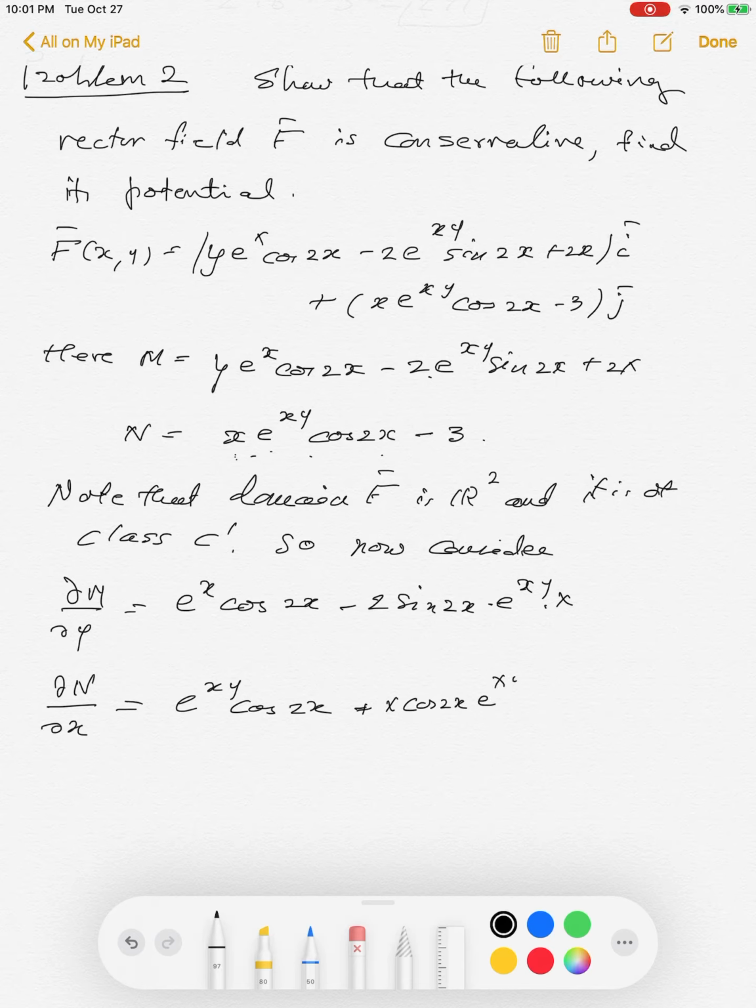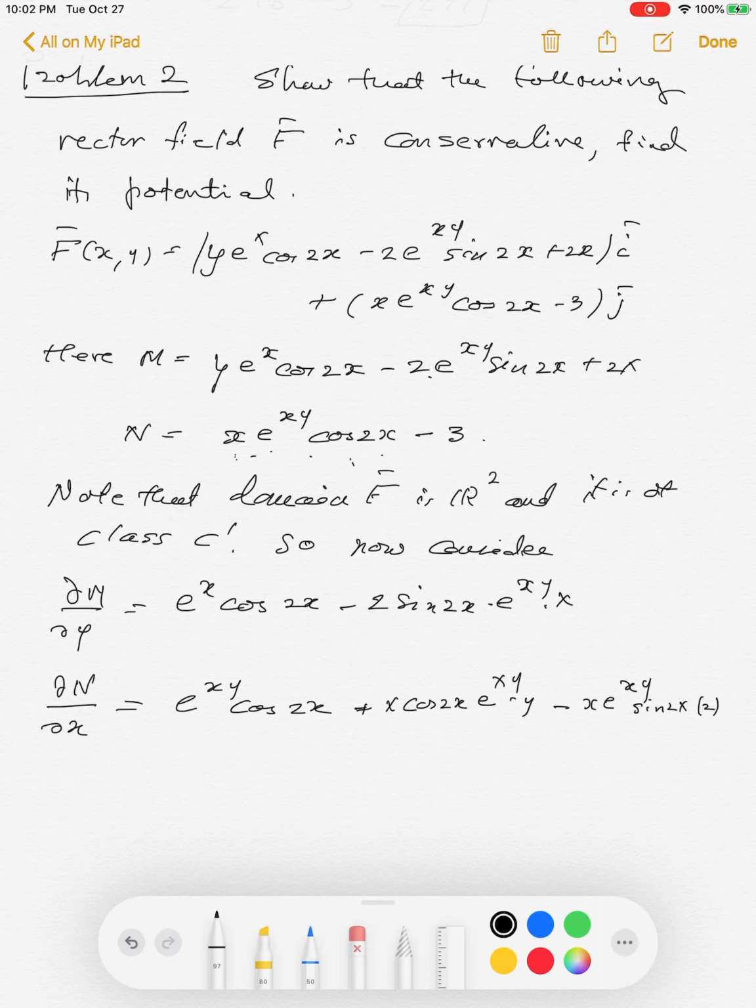Then when I differentiate the middle term, I get plus x and cos 2x stay outside, e to the xy times y, and then I differentiate the last term, which is going to give me plus x e to the xy sine 2x times 2 with a minus sign because the derivative of cos is minus, so this is going to be minus.